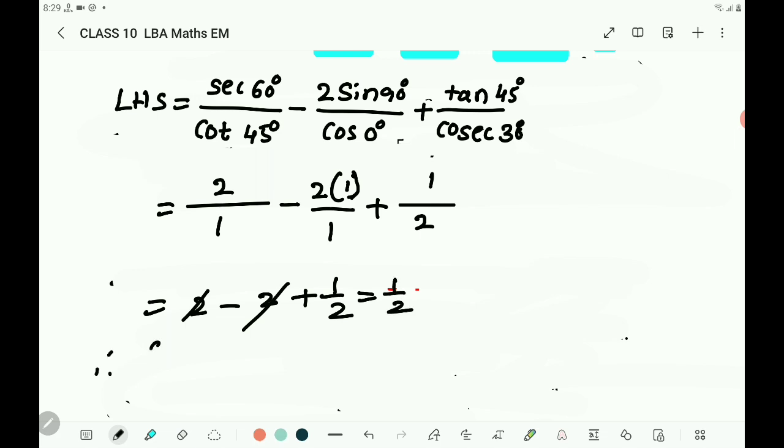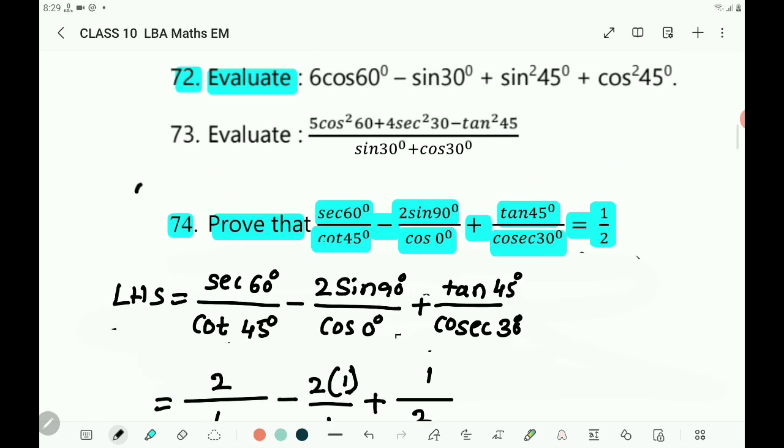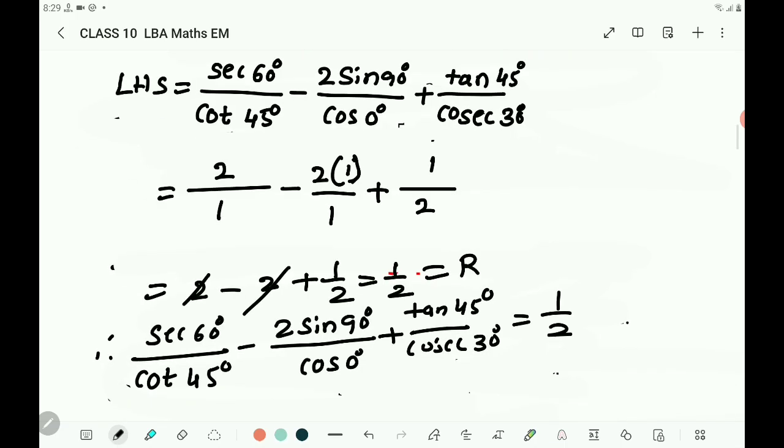Therefore secant 60 degree by cot 45 degree minus 2 sin 90 degree by cos 0 degree plus tan 45 degree by cosec 30 degree equals what? 1 by 2. Here you got 1 by 2, which equals RHS.